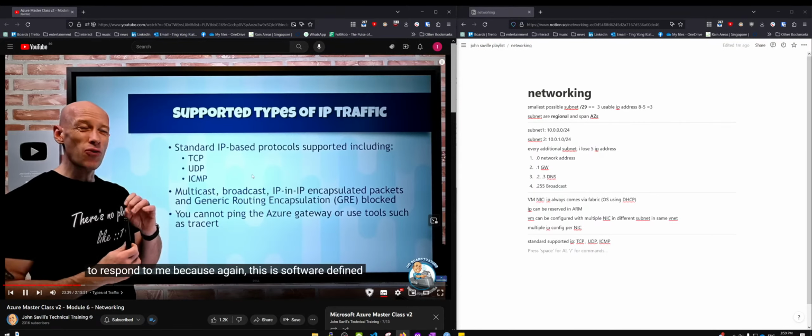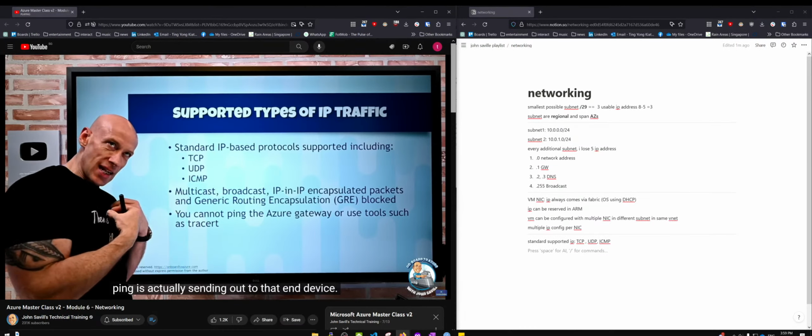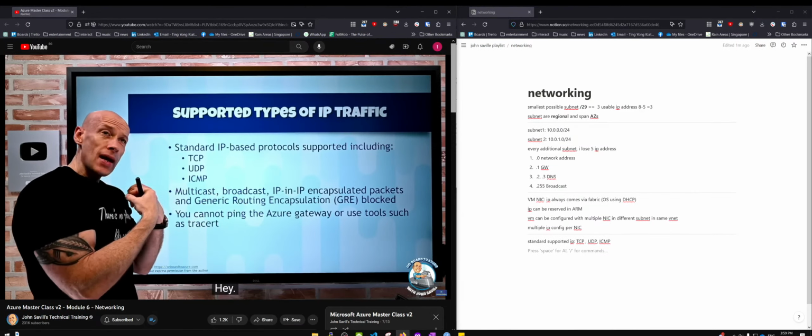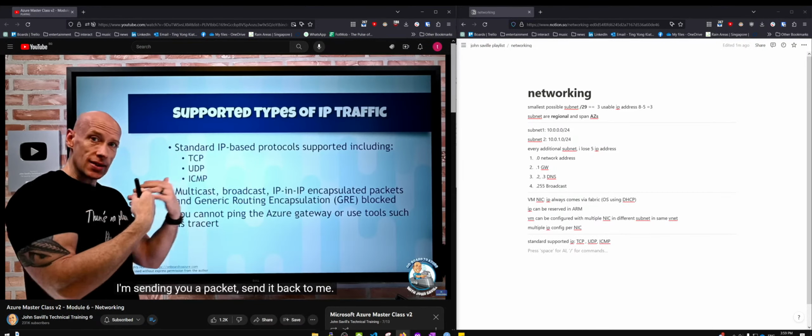Because again, this is software-defined networking. If I think about what a ping is actually sending out to that end device, it's saying, hey, ping request, please echo request this packet back to me.